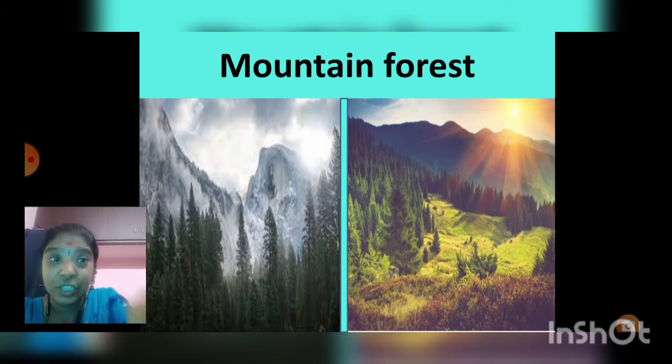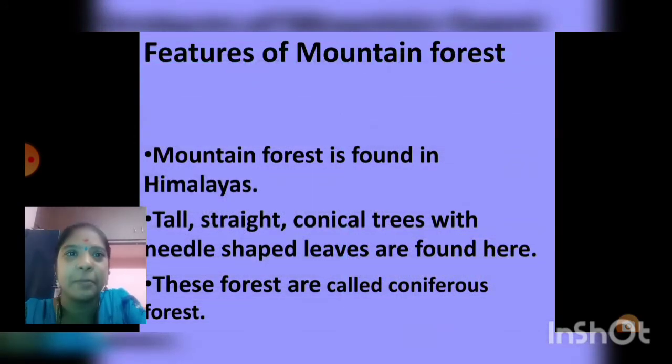Let's find the features of the mountain forest. Mountain forest is found in the Himalayas. Tall, straight, conical trees with needle-shaped leaves are found here. These forests are called coniferous forests.